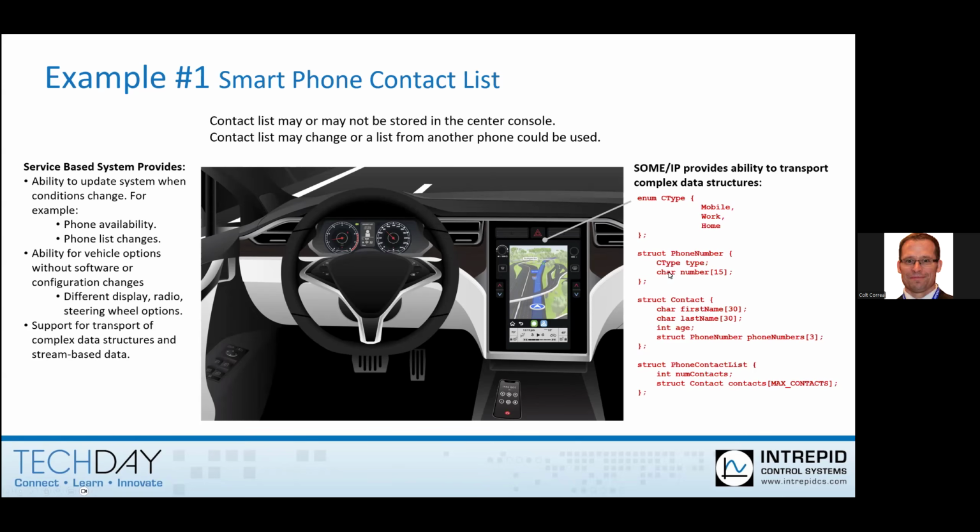So this is something that we would typically find inside of a vehicle equipped with SOME/IP and Ethernet, and one common service. We'll get into what a service is in a little bit. This slide is just to demonstrate the relative complexity of data that we can transfer over a network with SOME/IP.